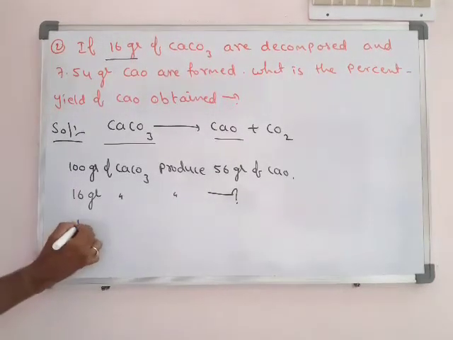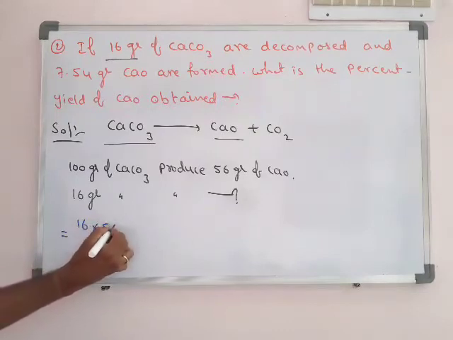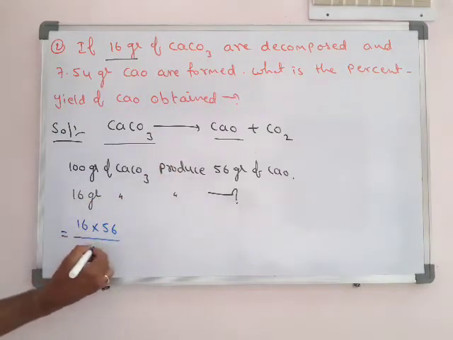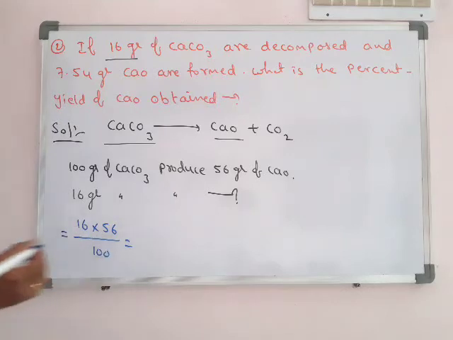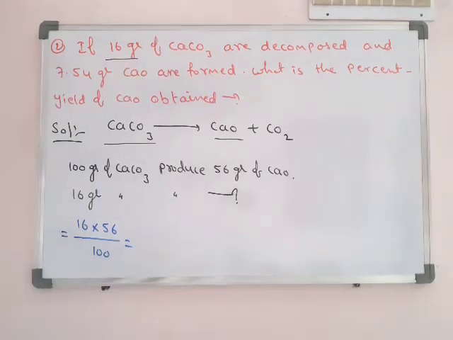So that is 16, cross multiplication. On this calculation we will get 16 into 56 is 896.